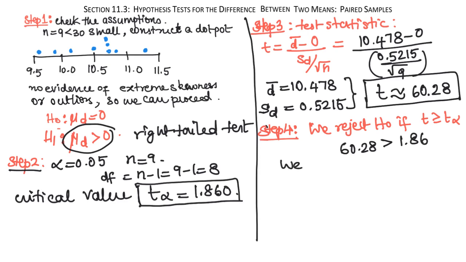So we can reject the null hypothesis. So now we can conclude. We conclude that the mean time for the rear brake pads to wear out is longer than the mean time for the front brake pads.